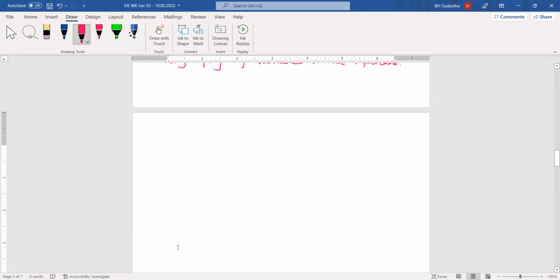Then we can go for the third one. The third one is the distributive law.